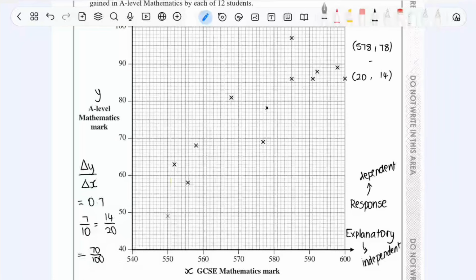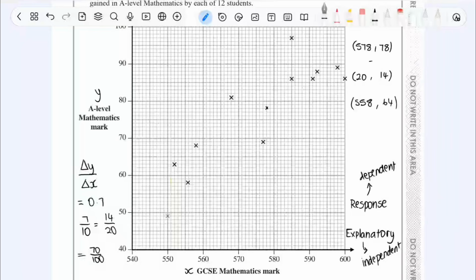This is some unorthodox method, but you can see that if you subtract the coordinates from each other, and please don't use this as an official method, and to be fair, this isn't a method mark, this is just how you're going to work it out, you can see that we get 558 and 64.